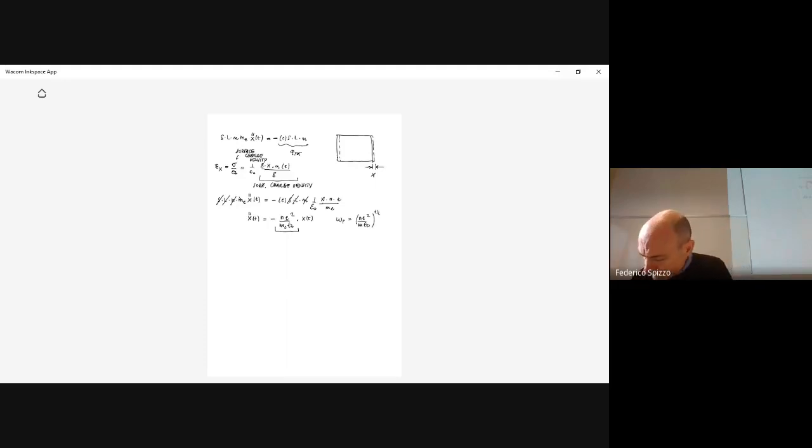The last step here is the evaluation of the specific heat. Why is that important? Because the dependence of the specific heat on temperature, and also the value of the specific heat, were known because they were measured.